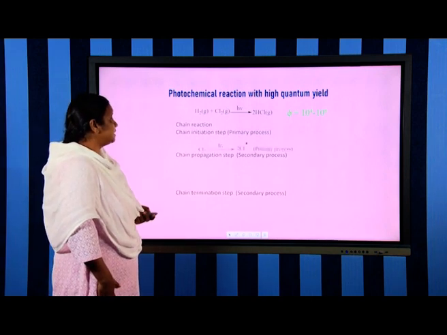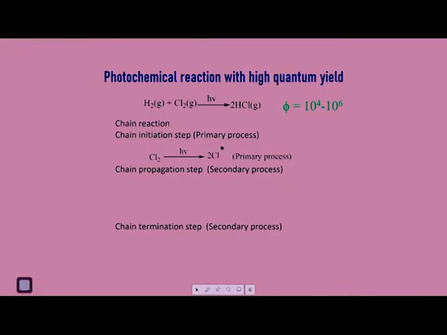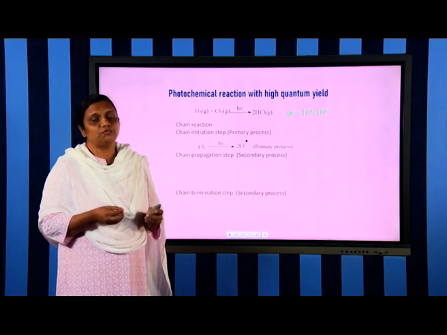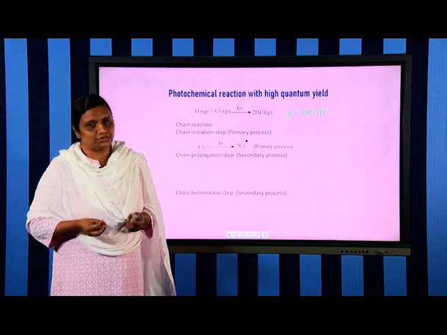Now, in this case, the chain initiation step is absorption of light by the chlorine molecule. So, in this reaction, it is the chlorine molecule which is being sensitized. This is what I had told in an earlier video, wherein the photochemical reaction involves selective activation.